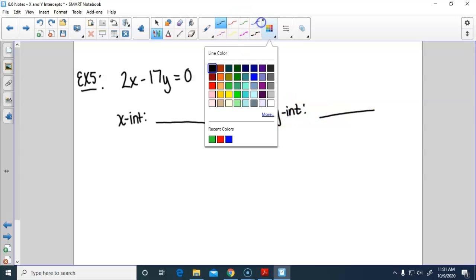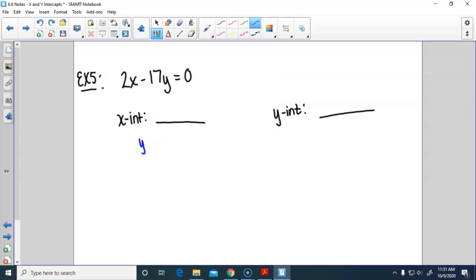Whenever we're looking for the x-intercept, we're going to say y equals 0. So you'll have 2x minus 17 times 0 equals 0. Of course 17 times 0 is just 0, so that'll go away. You'll have 2x equals 0. If you divide both sides by 2 here, x equals 0.